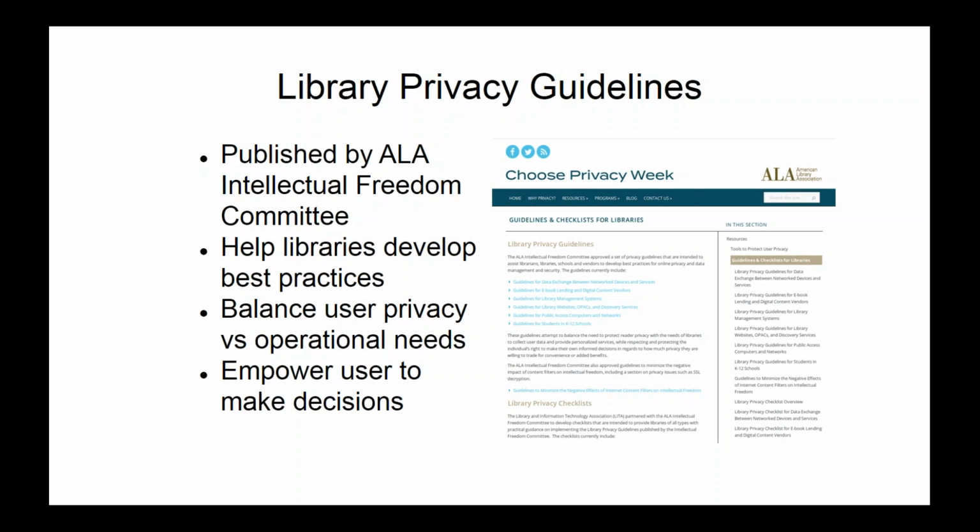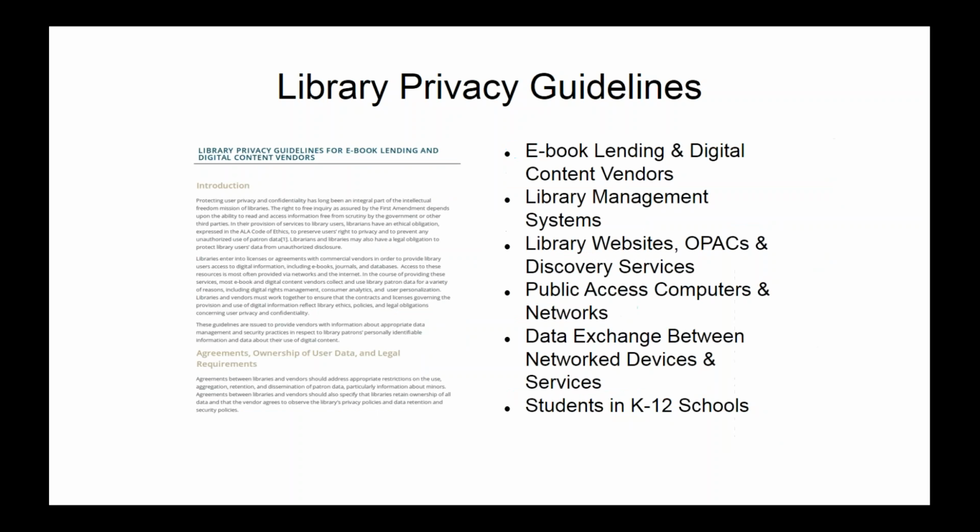We want to acknowledge that it's a continuum that users find themselves on, both library users and online web users in general. We want to put the user in the position to make decisions as much as possible about how much privacy they're willing to give up for convenience, or for a modern web experience, or for some other thing that they want. Next slide.